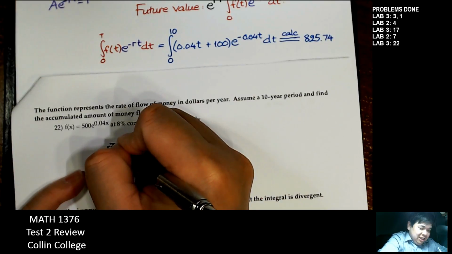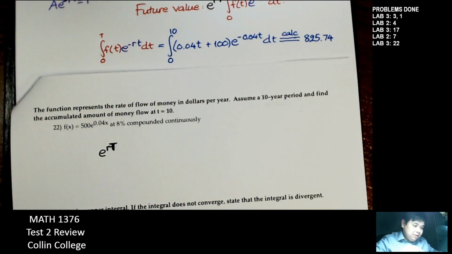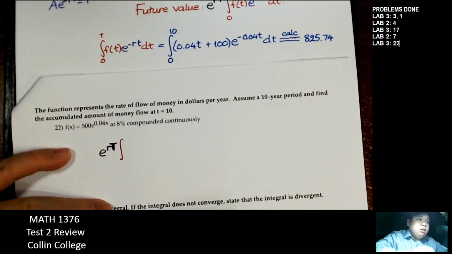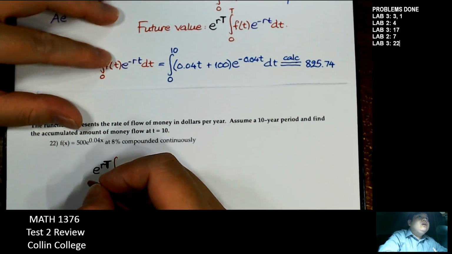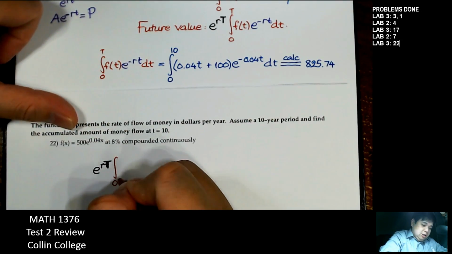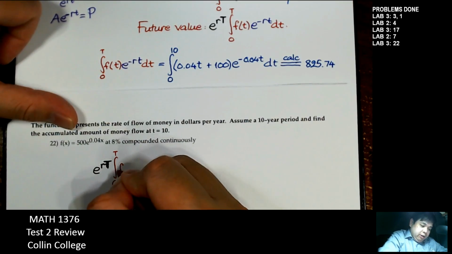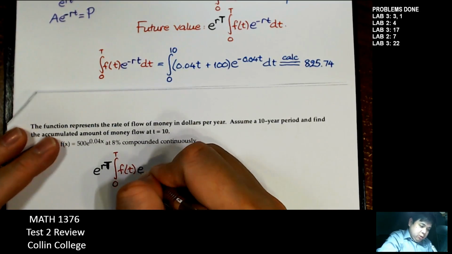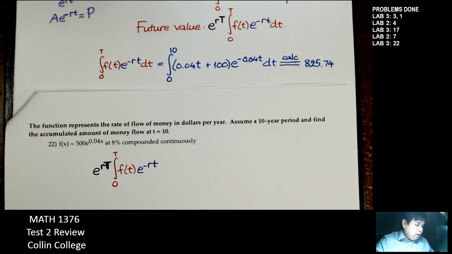This is a capital T, a constant. Integral from 0 to T of the flow, the money flow, times e to the negative r, this is a little t, and then dt.